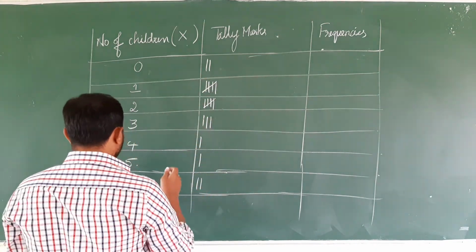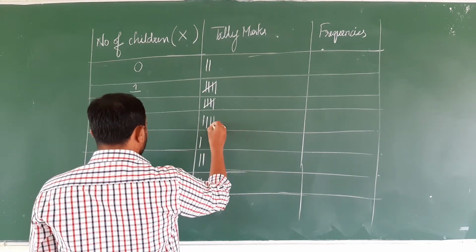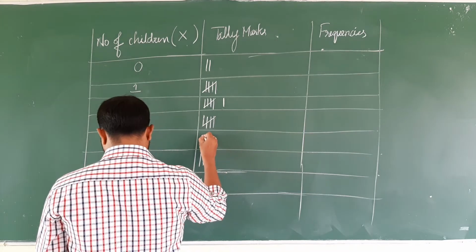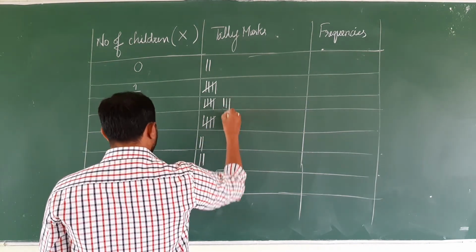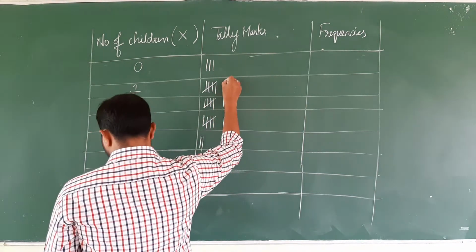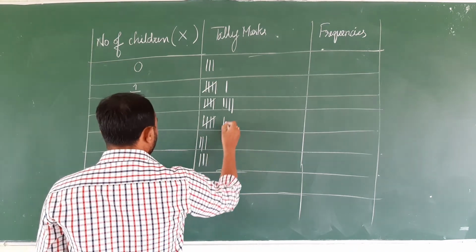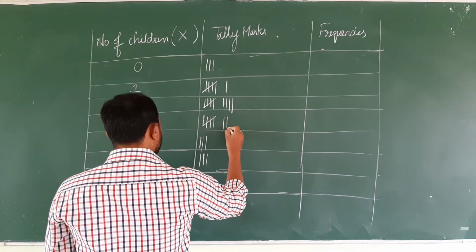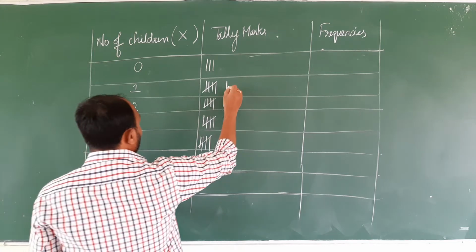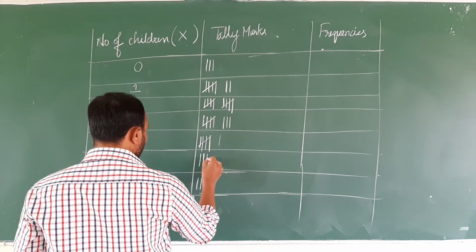Okay, 1 followed by 5, 3, again 3, 2, 4, 2, again 2, 3, 0, 2, 1, 4, 5, 3, again 3, 4, again 4, 1, 2, 4, 5, the last value 5.